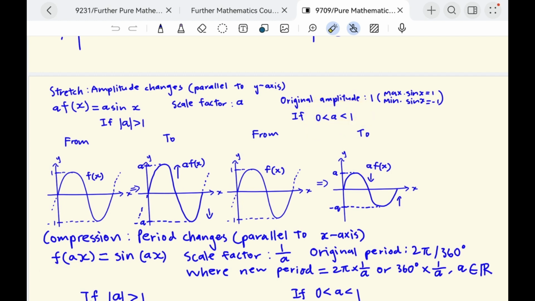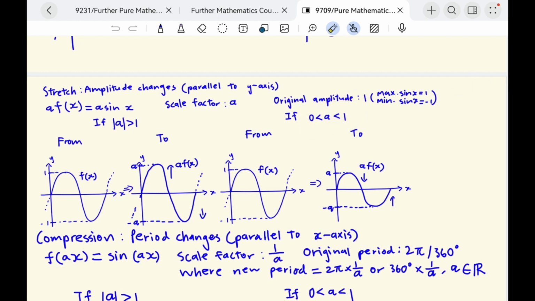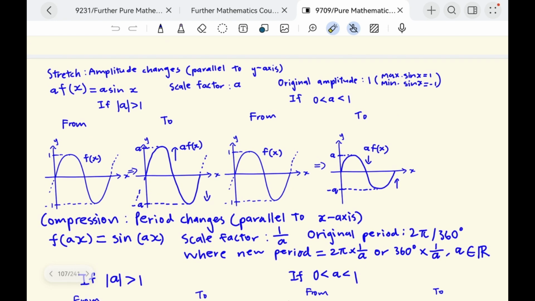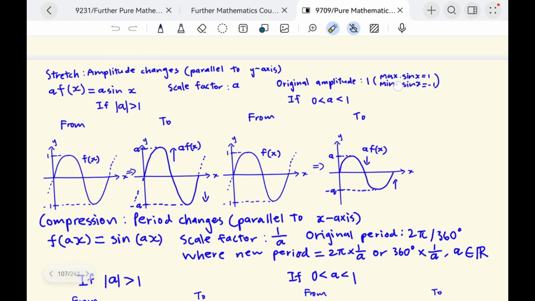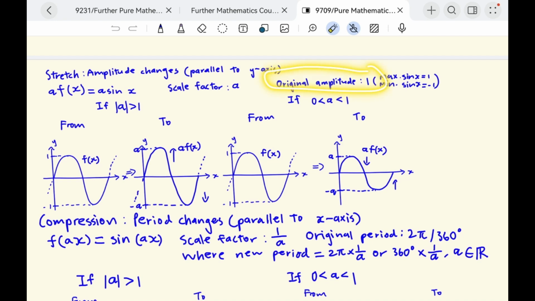This is the so-called amplitude compression. So you compress like this, where a refers to a value less than 1. So the stretch in the y-axis of the sine graph only changes its amplitude.